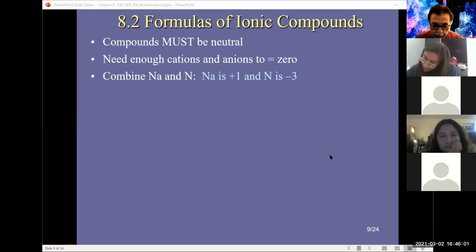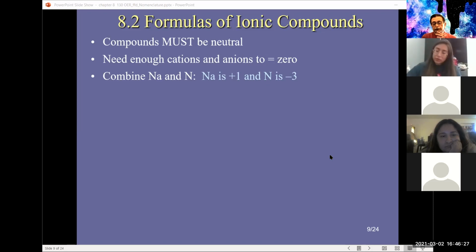So here they start off with, okay, combine sodium and nitrogen. So step number 1, they're going to give you the element. Step number 2 is find the charge of that element. We know that sodium is in group 1A and will become +1 when it becomes ionic.